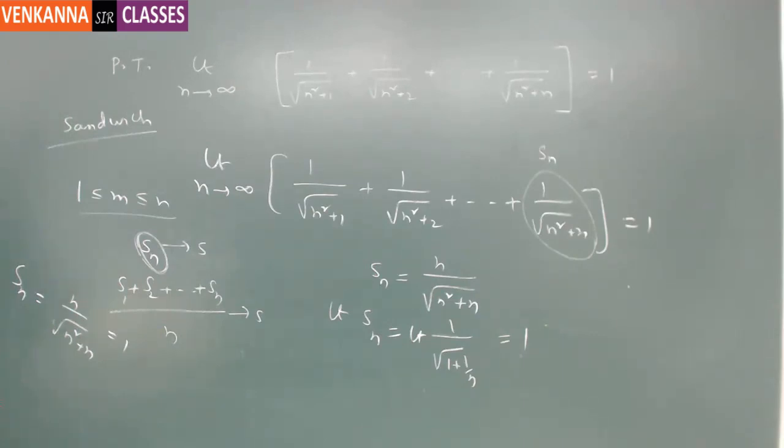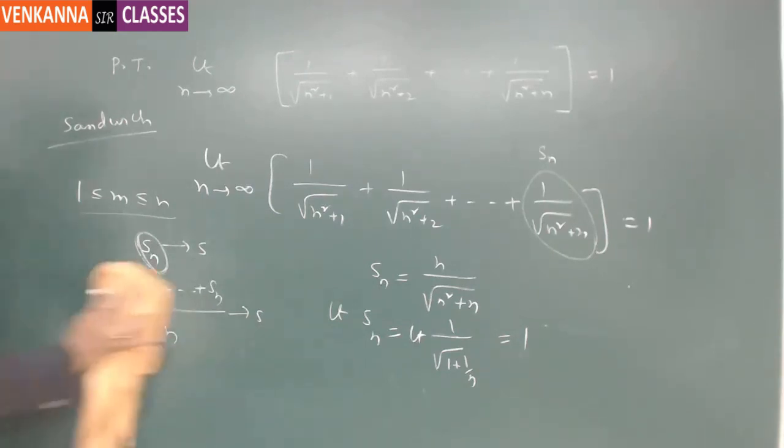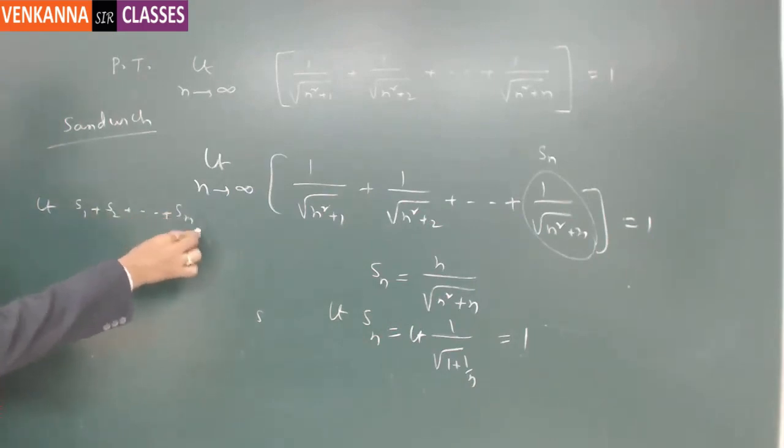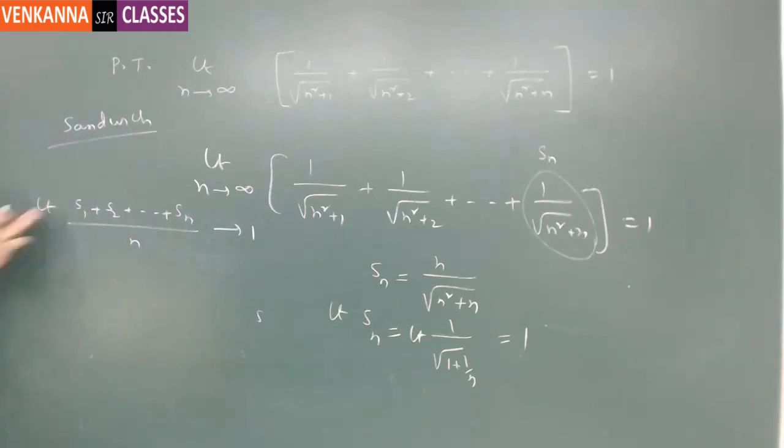Are you getting that? If I calculate the nth term of the sequence Sn, then using Cauchy's theorem on limits, the average also tends to the same limit. So if I calculate the average, it is the limit of (S1 plus S2 plus so on plus Sn) by n, which should tend to 1 using the same technique.